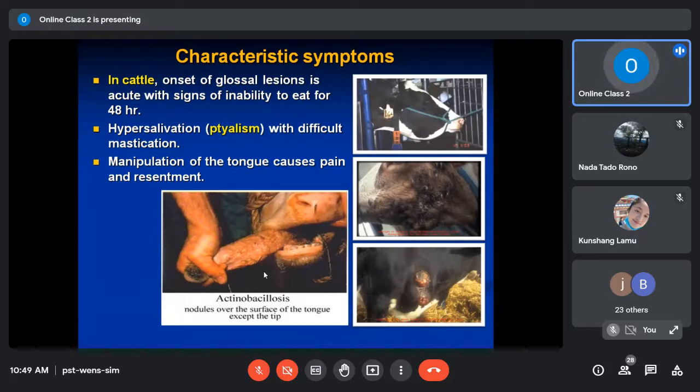So the animal may not be able to take food, an inability to eat. There will be hypersalivation, termed ptyalism, with difficult mastication. When you examine the tongue with these granulomatous abscesses, very hard and firm, the animal shows much pain because of the lesions.